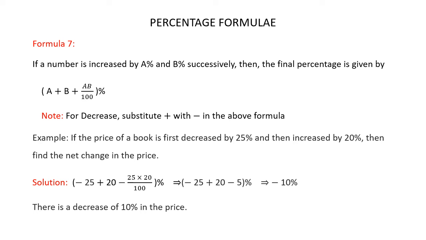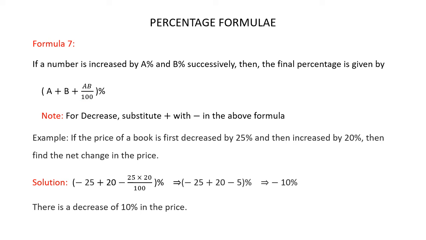Now let's use this formula in a percentage problem. If the price of a book is first decreased by 25% and then increased by 20%, then find the net change in the price. So the formula is net change is equal to A plus B plus AB divided by 100%.